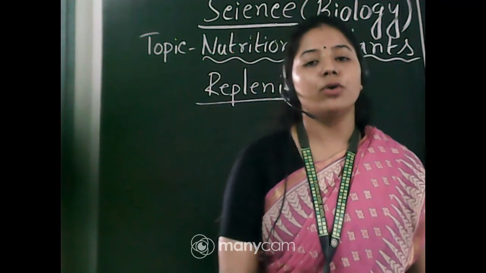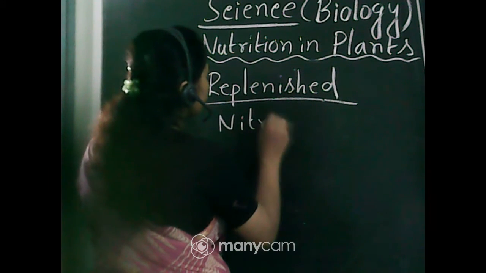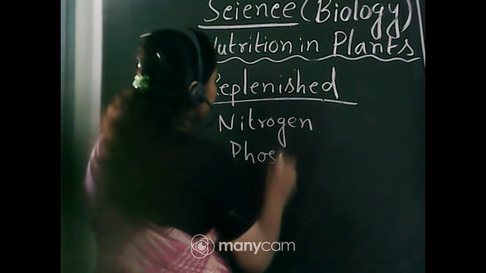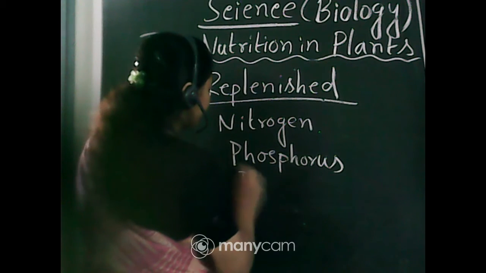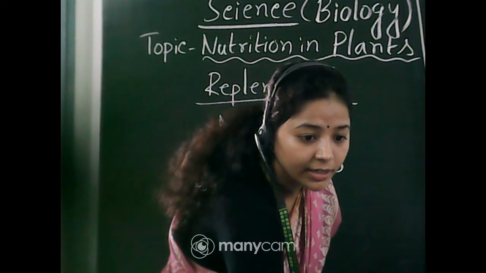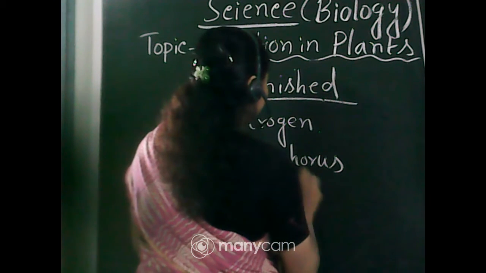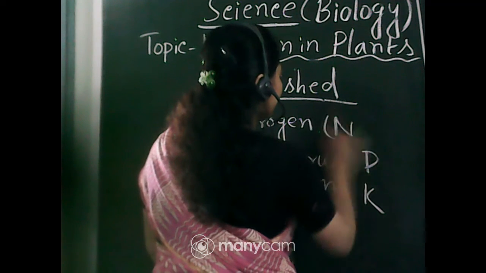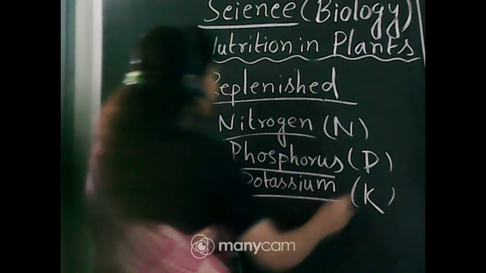These are called NPK, the chemical symbols of nitrogen, phosphorus and potassium.